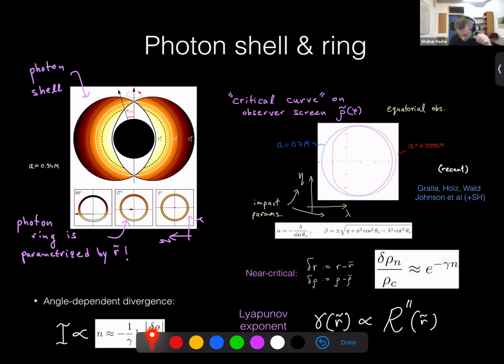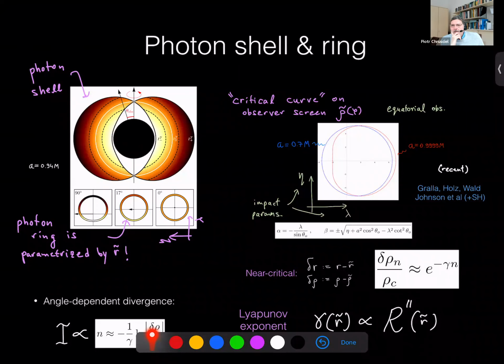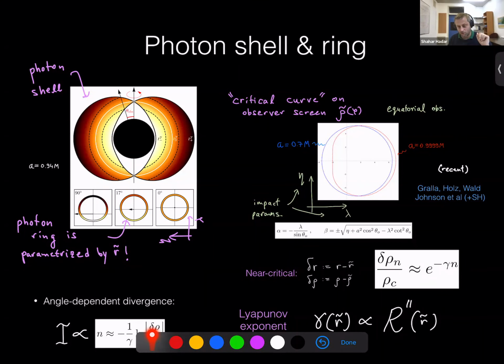But if you took the picture, would these really be the Euclidean parameters on your film or something like that? Yes, but through this relation. So it's not exactly lambda and eta. Alpha and beta are exactly the Cartesian coordinates that you would get on a faraway screen. And they're related to lambda and eta through a relation which is not that complicated.